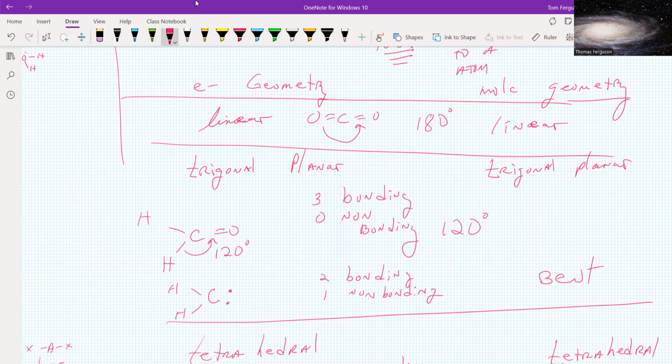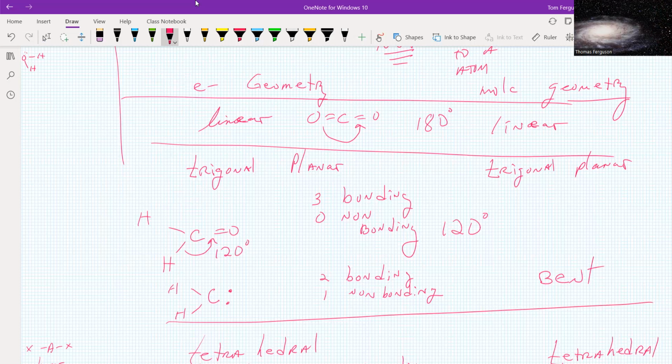Now, these angles I'm giving you assume, you get that word again, assume that the attached atoms are the same atom. If attached atoms are different atoms, they have different electronegativities, which is going to affect the bond angle. But we're going to work in a perfect world.